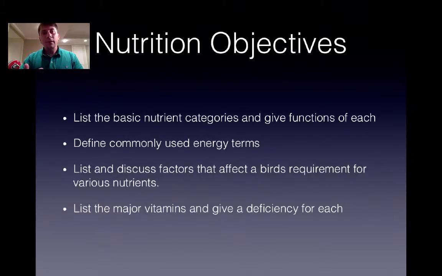We'll discuss factors that affect a bird's requirements for these various nutrients, so age and sex and breed. And we'll look at some micronutrients and deficiencies that result from an inadequacy of these nutrients in the feed.